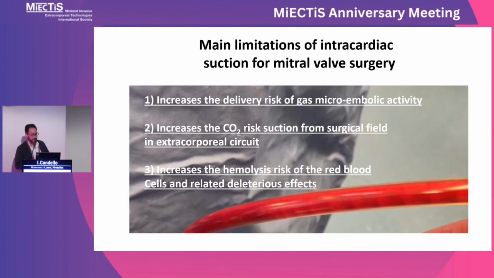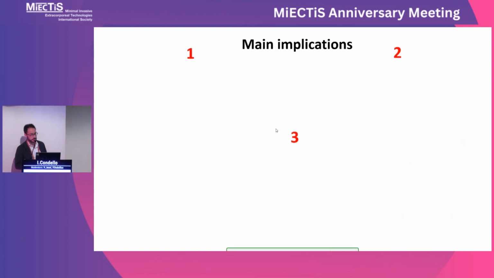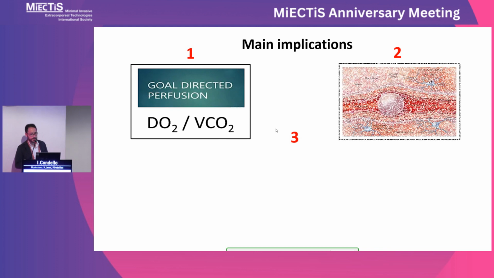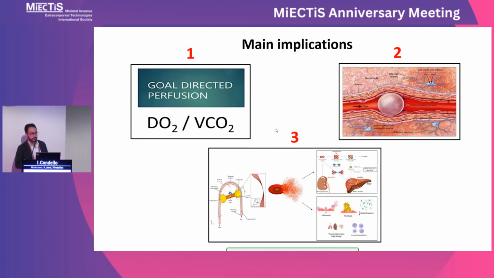It is not a MiECC, the use of this system. The main implications are for goal-directed perfusion, because of the increase of carbon dioxide outside the oxygenator and the increase of microembolic activity. We know all the deleterious effects of ischemia in the microcirculation and the damage from reperfusion.